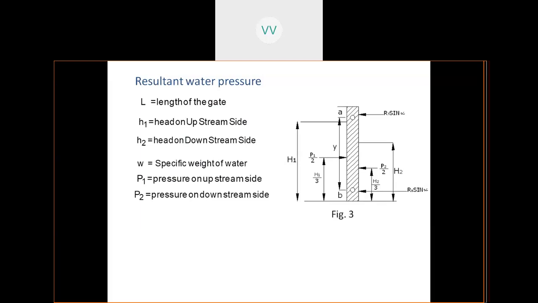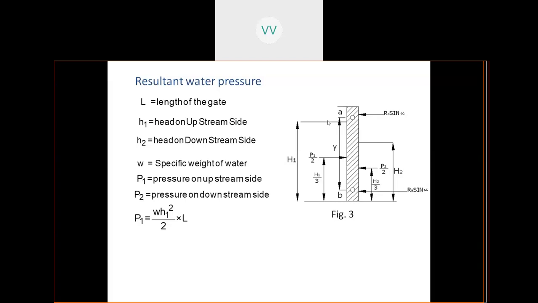Then coming to P1, it is given as the pressure, because this variation is triangular variation, 0 at the top and W1 H1 at the bottom.